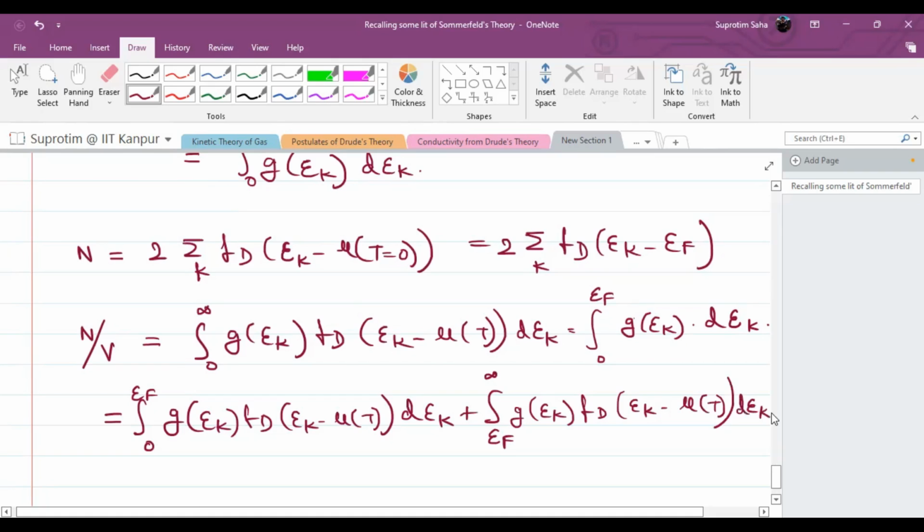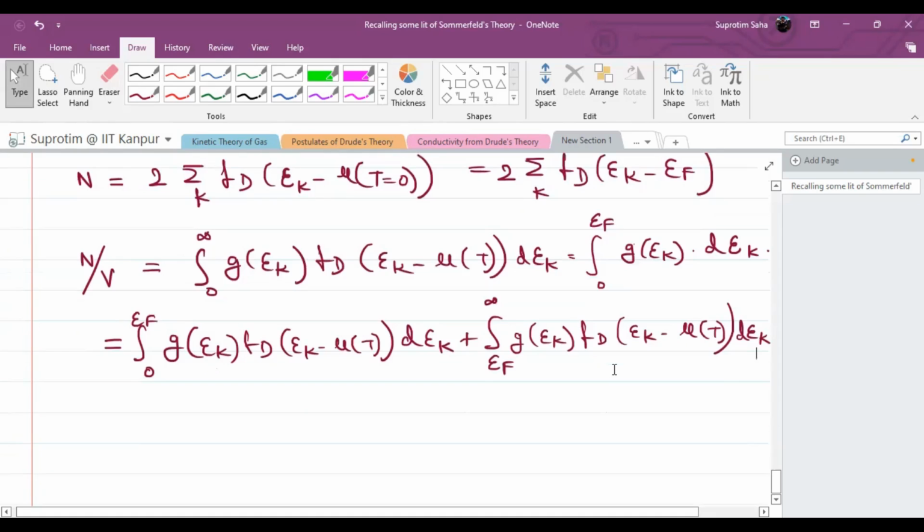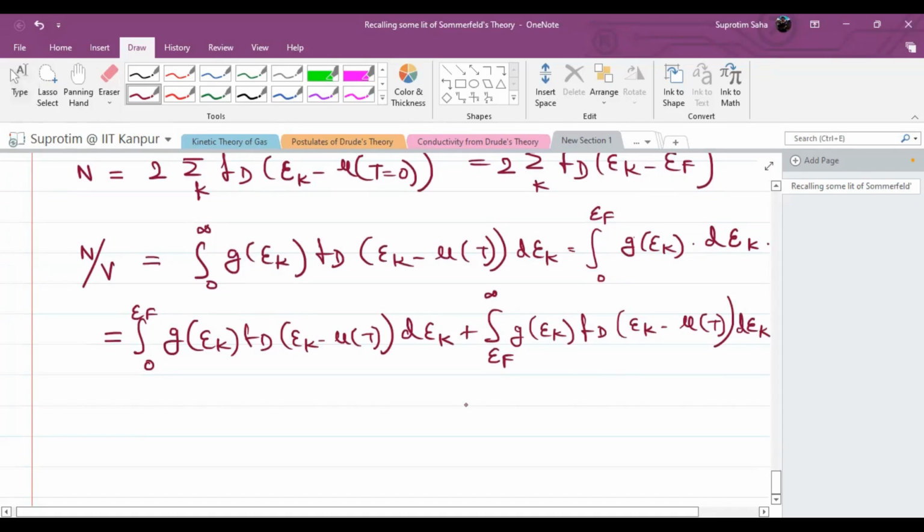This may be boring, but just follow with me and we will arrive at the final result. And again, this is equal to 0 to Ef of g of Ek d of Ek. This is at T equals 0.